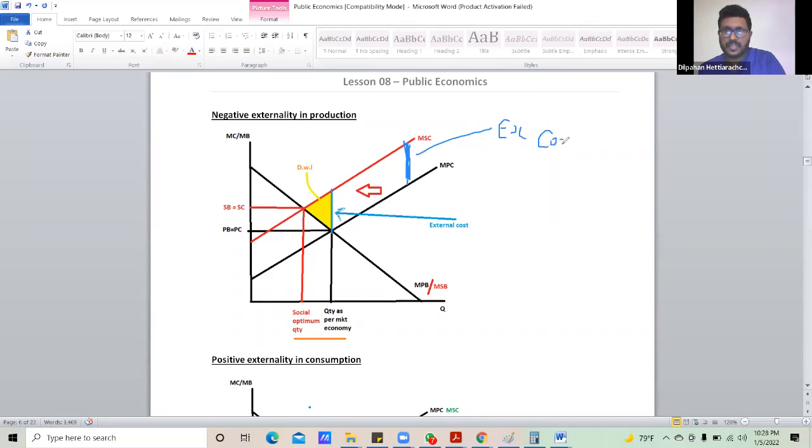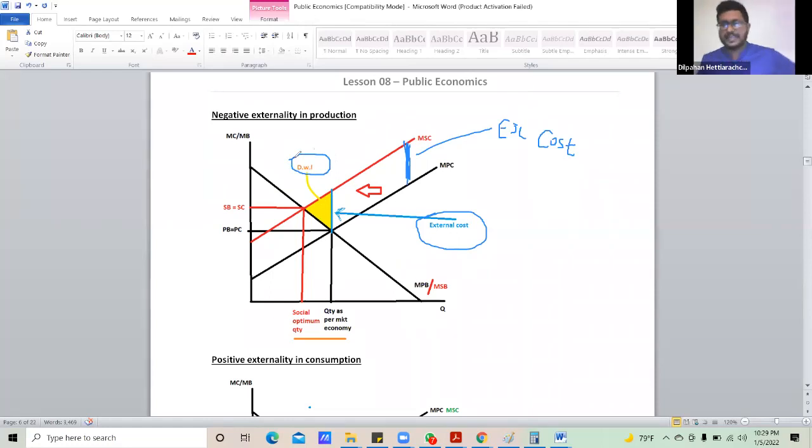And if it is a positive externality, it will be external benefit. Right? External cost. And the triangle, you can see a triangle created with the external cost. And that triangle is called the net welfare loss.